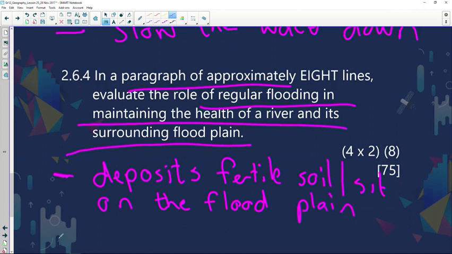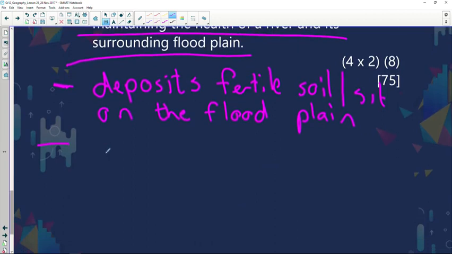Now, there's an increase of water when a flood takes place. So we can also say that with the increasing volume of water, it dilutes the amount of pollution.